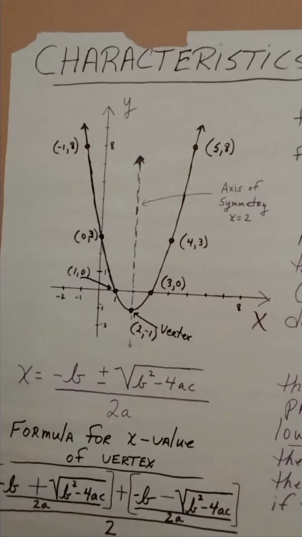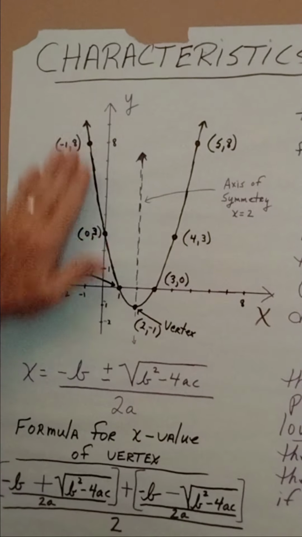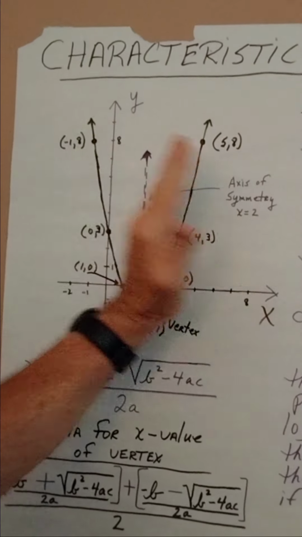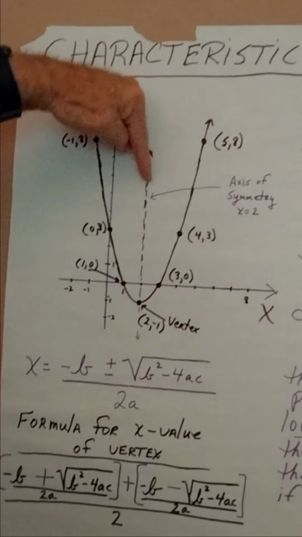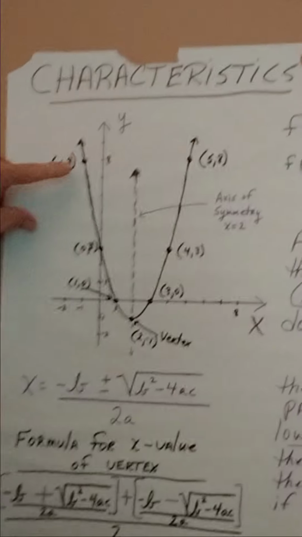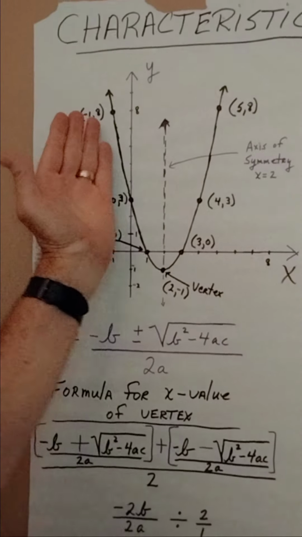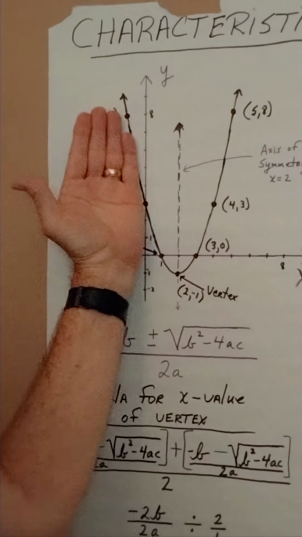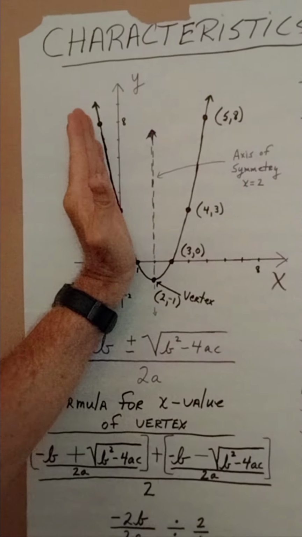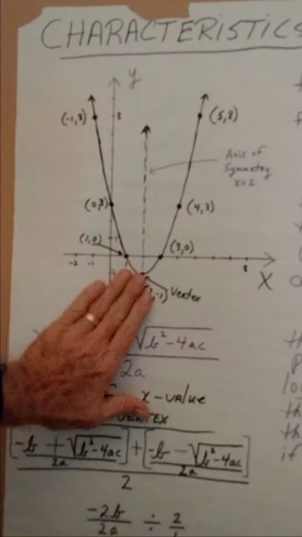In half meaning this. If I were able to take this side of the parabola and fold it, crease it along this imaginary axis of symmetry, each and every point on the parabola on this left-hand side would, when it is folded over against that axis of symmetry, have a matching point on the other side.